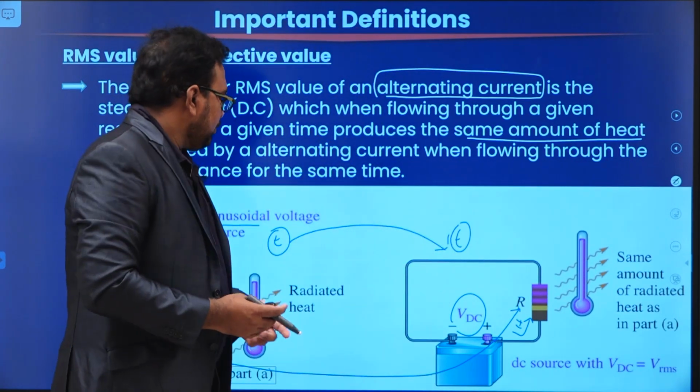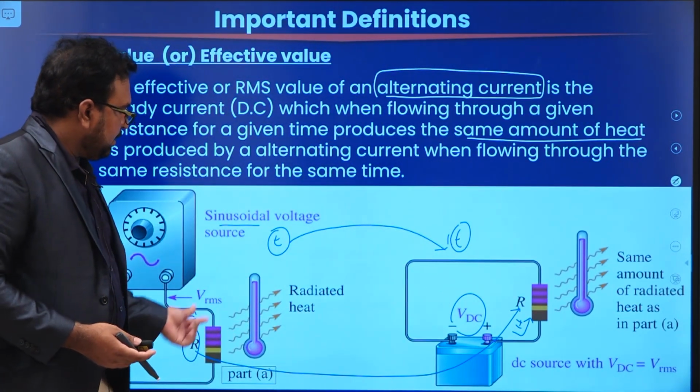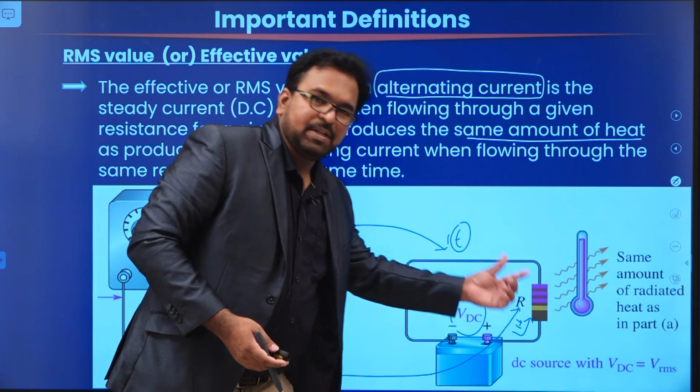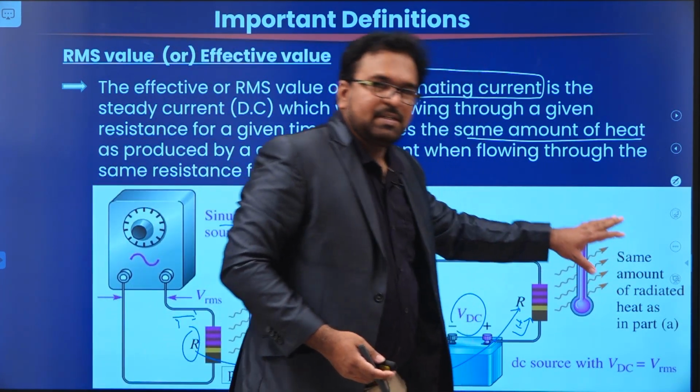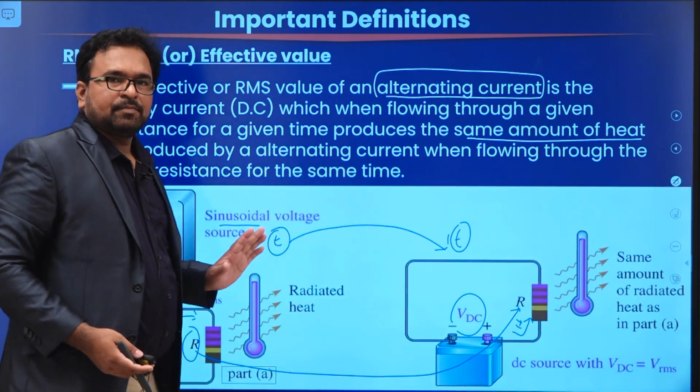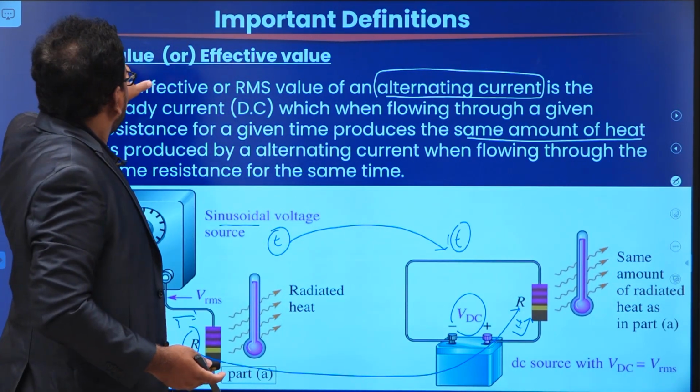So when you supply AC and DC to the same resistance for the same amount of time, the heat produced is the same in both cases. That value is called RMS value.